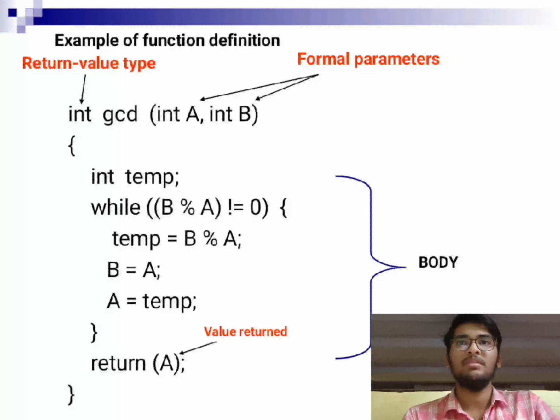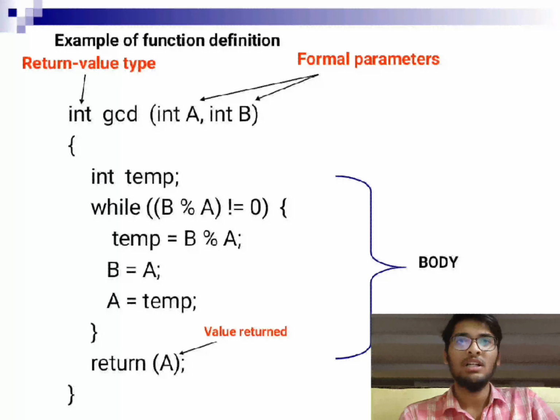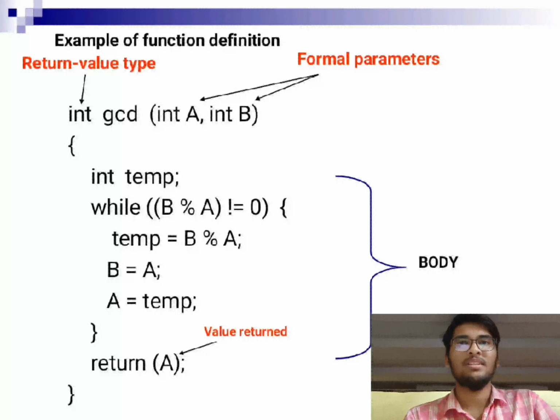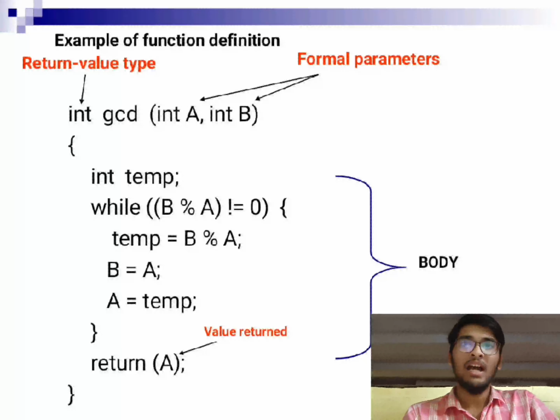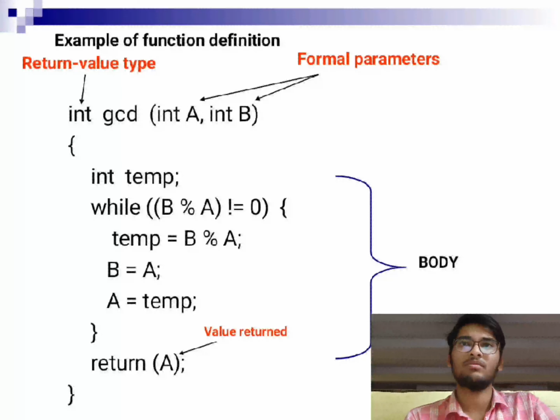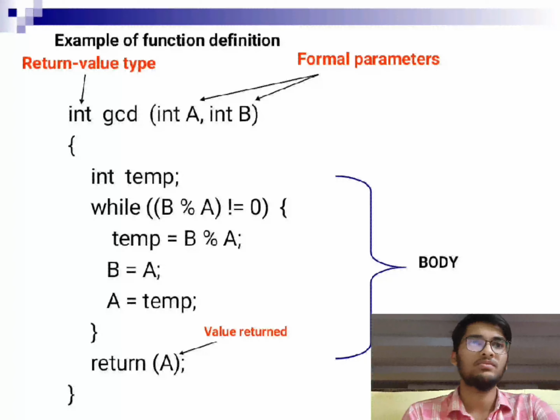Int temp is initialized, while b percent a is not equal to 0. For this condition we take a while loop: temp is equal to b percent a, b is equal to a, a is equal to temp. Closing the braces, return a, meaning a is the return value. This block is called the body. It is an example of function definition.